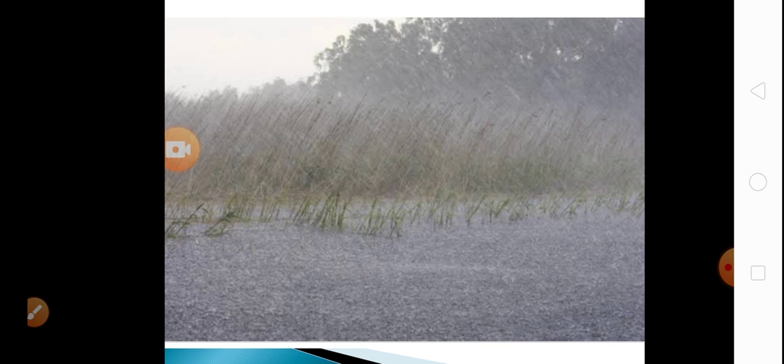What is the meaning of erratic rainfall? Erratic rainfall means untimely rainfall. Any time of the year the rain starts, that is called as erratic rainfall. As you all know, erratic rainfall is very much harmful to the crops. It causes a lot of problems to the farmers.